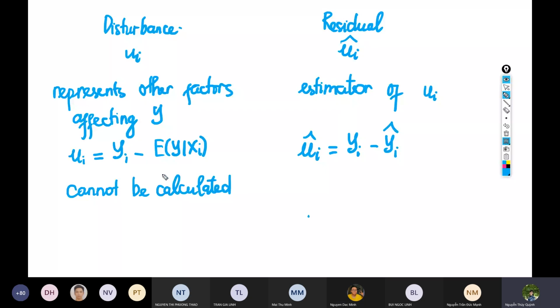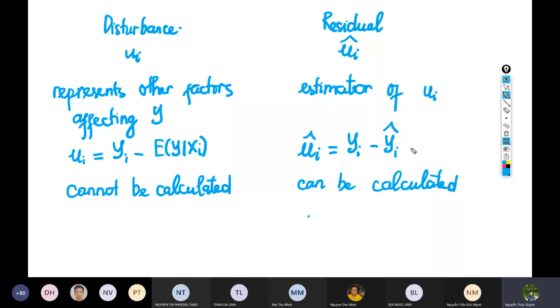And what about the residuals? Can we calculate the value of the residuals? Yes, we can calculate it. It can be calculated using sample data, based on the value of x.